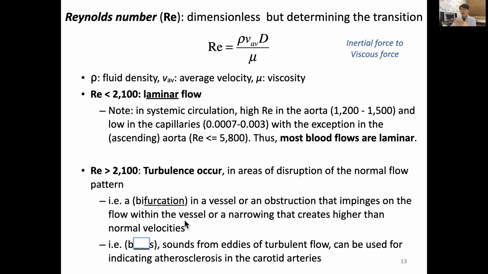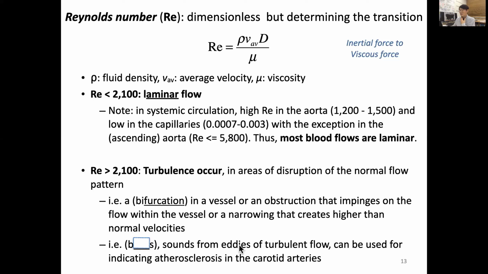People who have severe atherosclerosis, with narrowing in the bifurcating area of the carotid, when you go to see the doctor, the doctor uses a stethoscope and sometimes listens to what sounds come, because as we see, when there is a higher Reynolds number, turbulence can occur, and turbulence is shedding these eddies, unsteady, so it generates a sound.